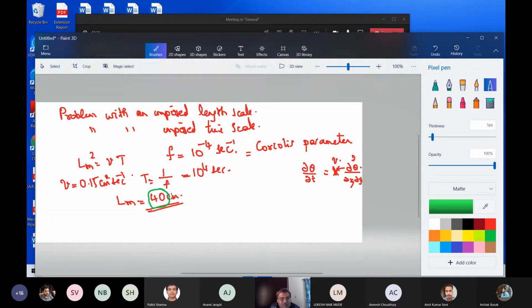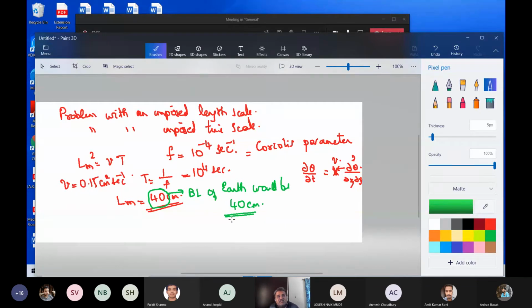Which is something like saying that the boundary layer of Earth would be about 40 centimeters, not 40 meters, sorry, 40 centimeters. How much is 40 centimeters? Probably the size of my hand or the finger completely. So that will be the size.